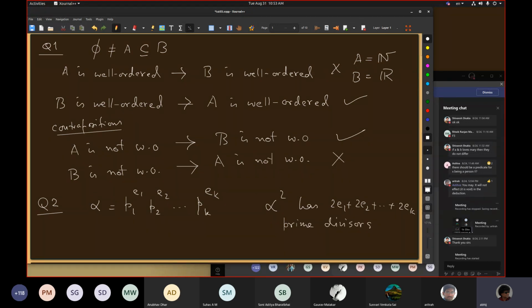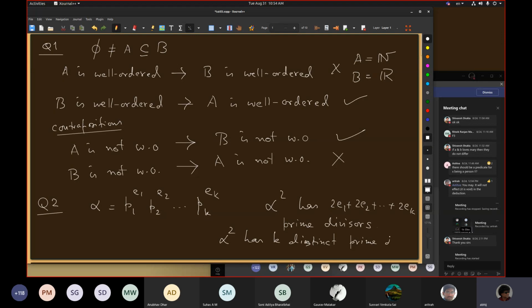The query was why, since I can see that there are only k prime divisors. Of course, here I am counting the prime divisors with multiplicity. Alpha squared has k distinct prime divisors. That is true.